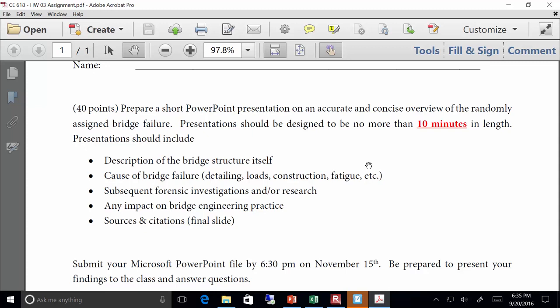Pick one. I've got American bridges, I've got international bridges, stuff that's recent, stuff that happened a while ago. So let's see what happens. I think I've got one in Canada, one in Portugal, one in Vietnam. So there we go.